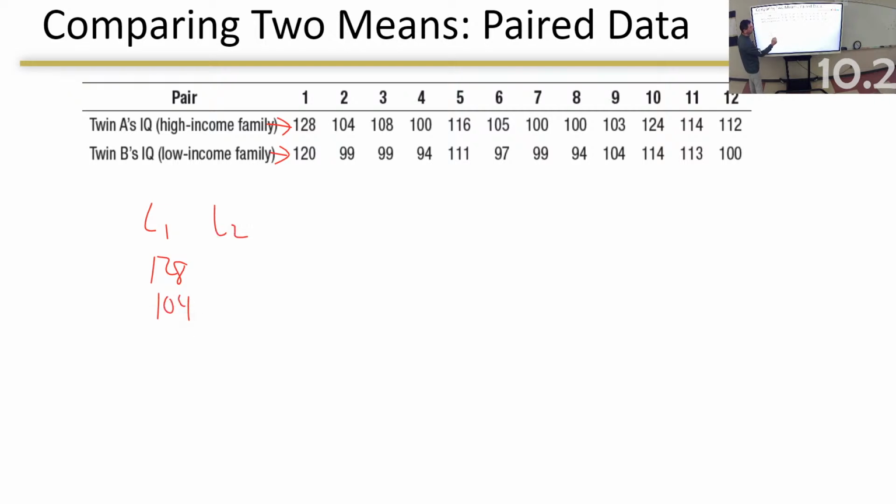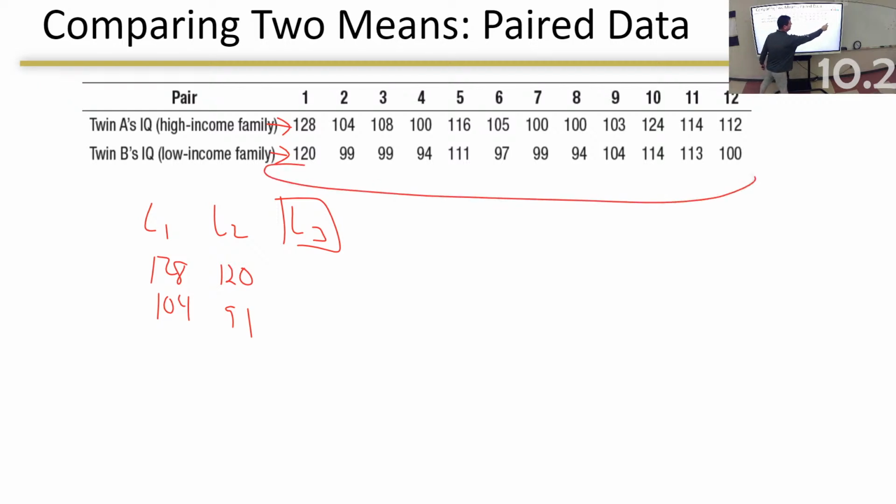In L2, you have 120 and 99. Then go up to L3 and type in L1 minus L2, and it will subtract them all for you really quickly. I'll show you that in a second, or you can just subtract them. Whatever you got to do, you got to get the differences.